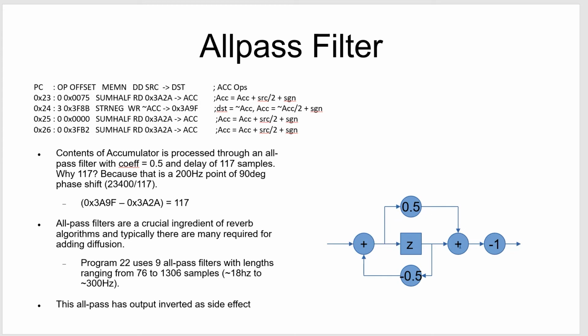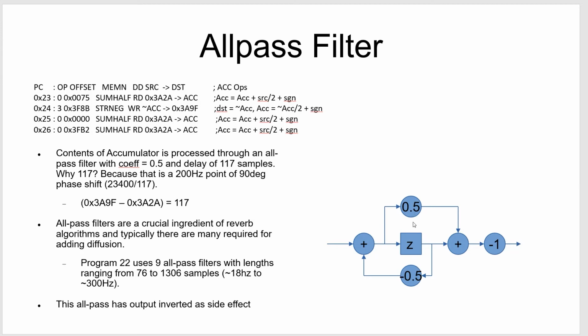So it has a combination of wet and dry, and in this particular architecture we have an inversion at the end. Now, this is normally shown as Z, and you may see nomenclature Z to the minus number, like Z to the minus 50. What does that mean? That means that delay line is 50 sample clocks long.